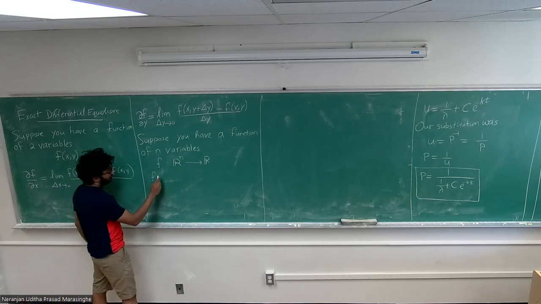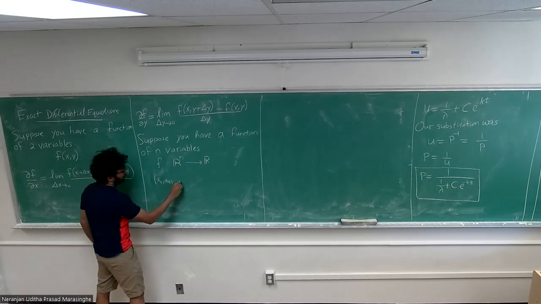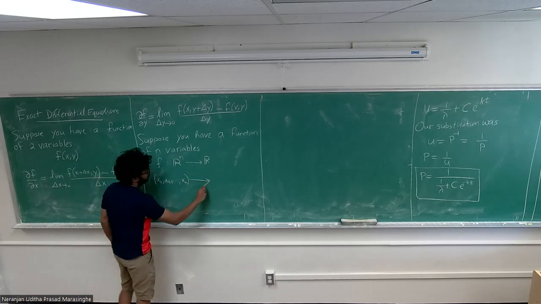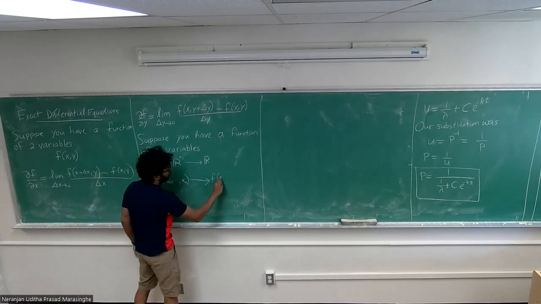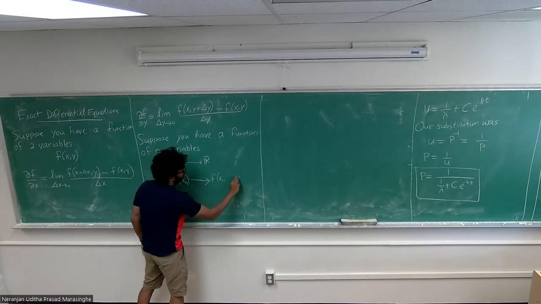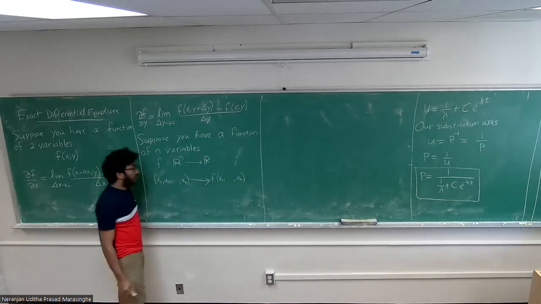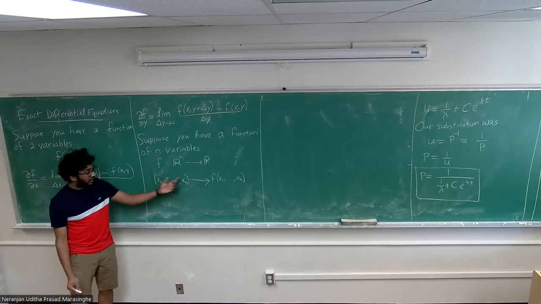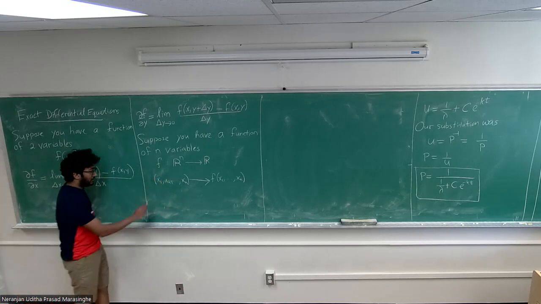You would take some x1, x2, up to xn, and under this function, this would be mapped to f(x1, ..., xn). Then for this function, you can define n partial derivatives.